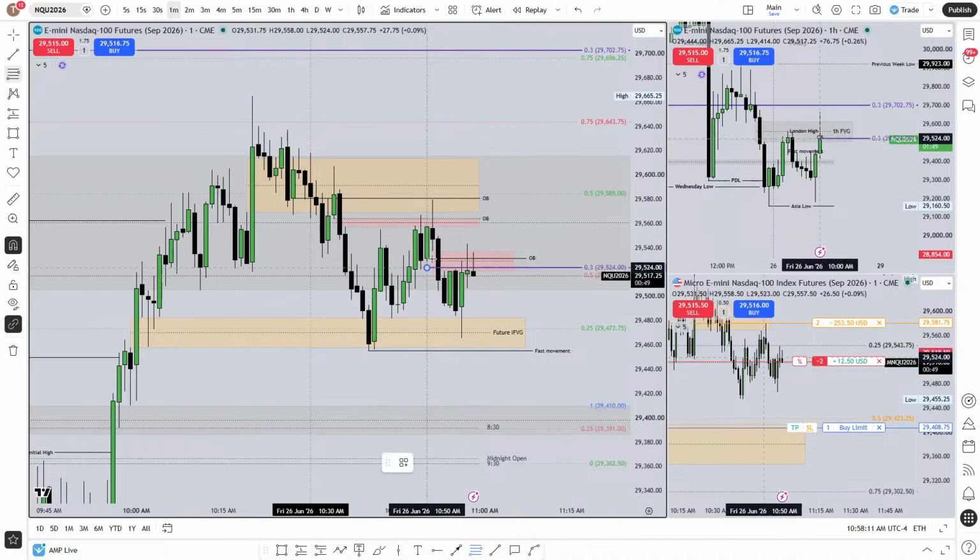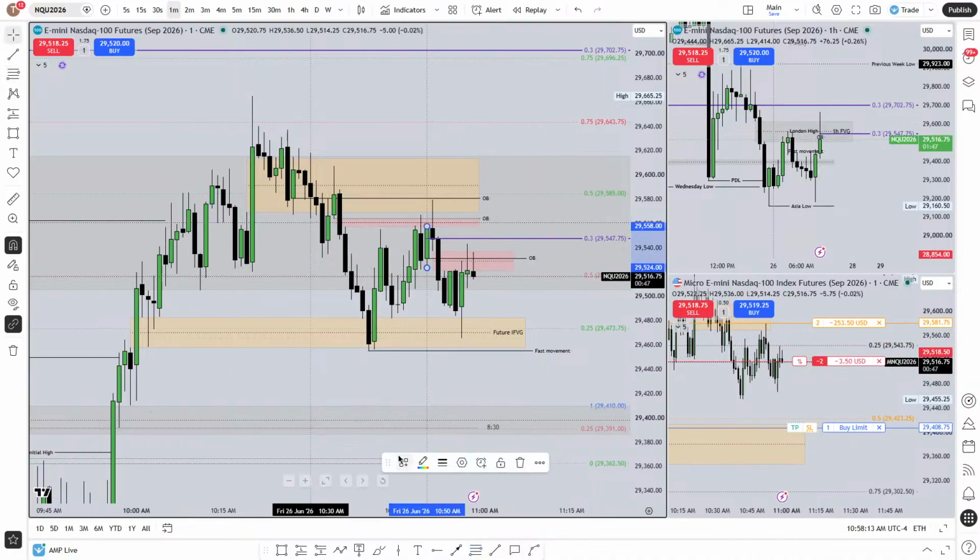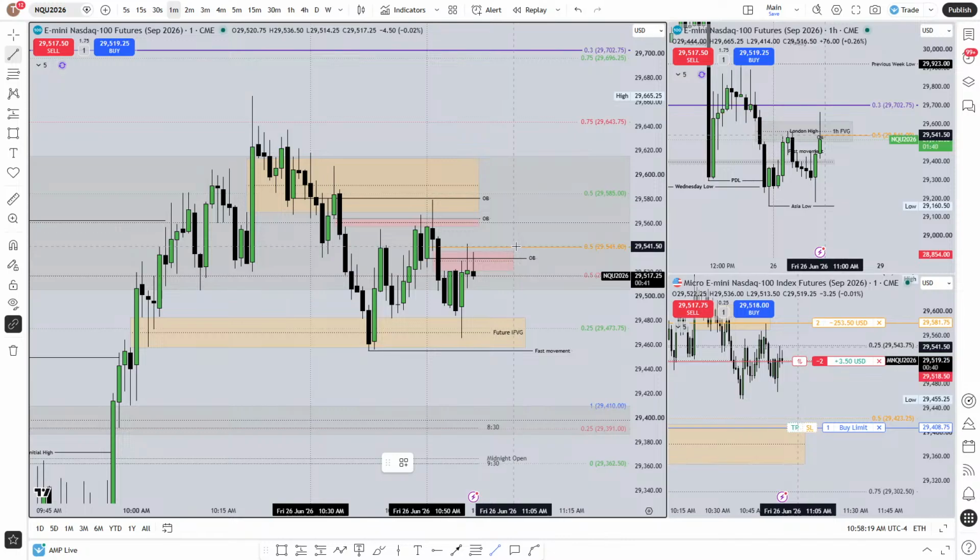I want to know where this midpoint is. It's the mean threshold. That's what that wick went up and touched. I'll mark that out.